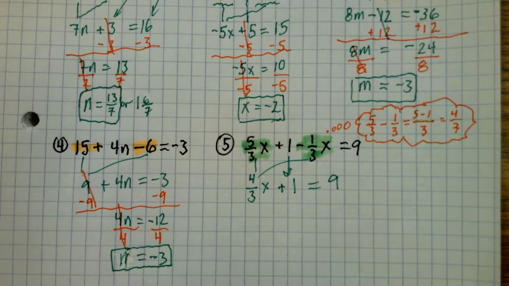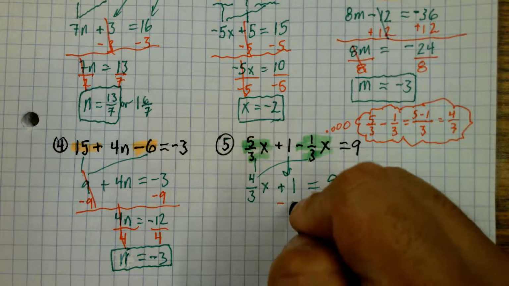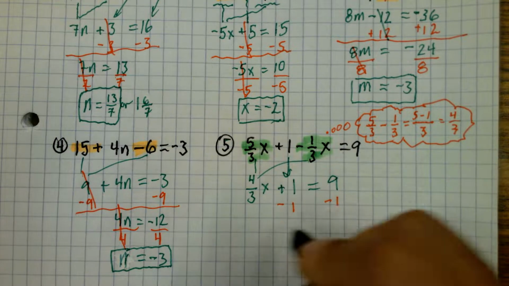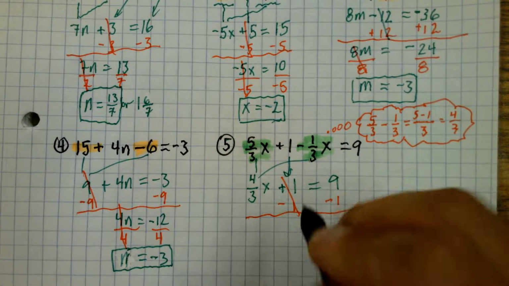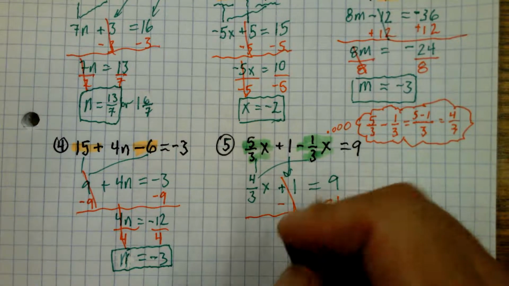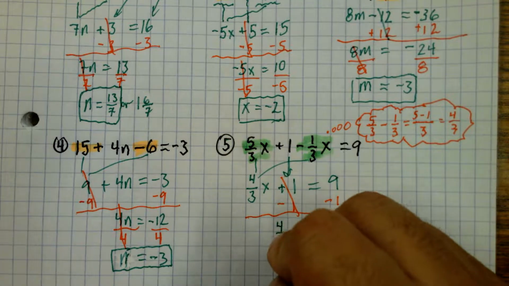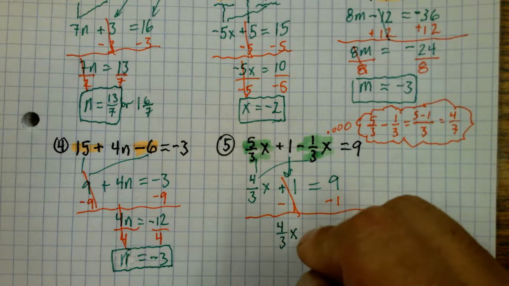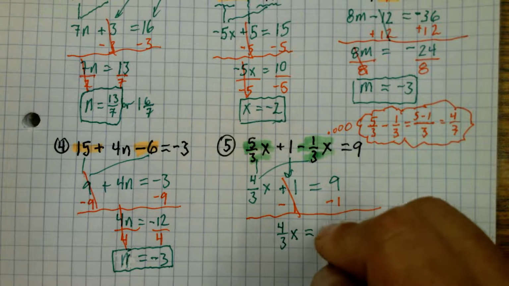Okay, so now we just have a fractional coefficient. We've dealt with those before. Let's get rid of the 1. And we get 4/3 x equals 8.